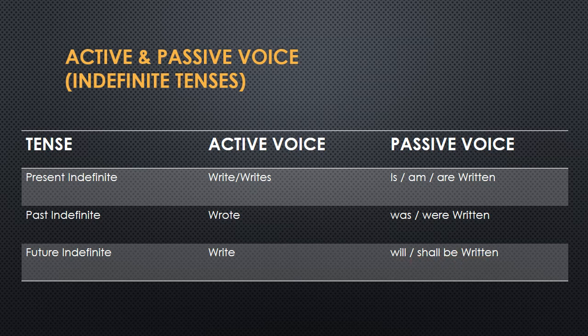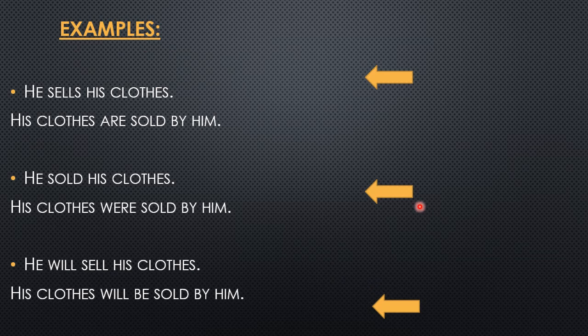Understand? So now here are some examples. Number one example is a present indefinite example. Okay, he sells his clothes. Okay, so now we have to change it into passive voice. As I had told you before, we will use helping verb is, am, are, and the third form of verb. So its passive voice is: his clothes are sold by him.